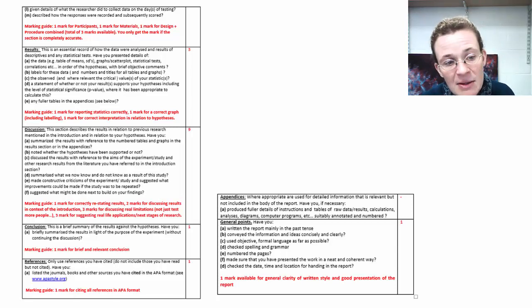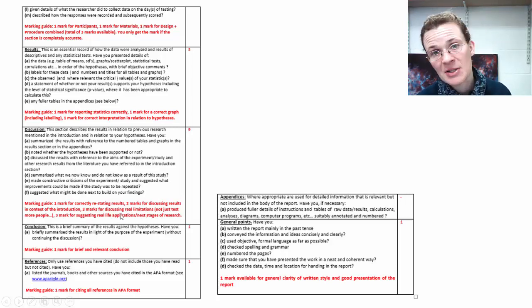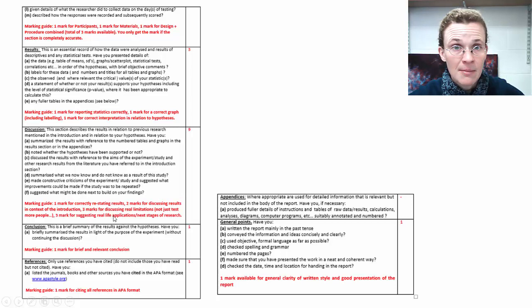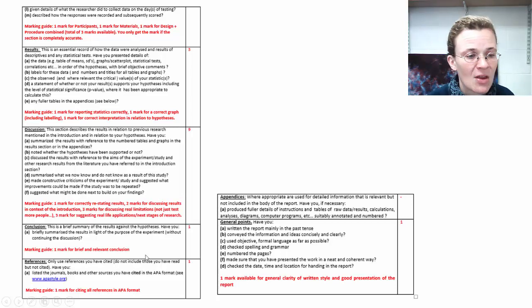And then again 3 marks for suggesting next stages of research. So you get 3 marks for each. It gives you another indication that these things are different. Your limitations and improvements is not the same thing as next stages of research. Treat them as 2 different things.